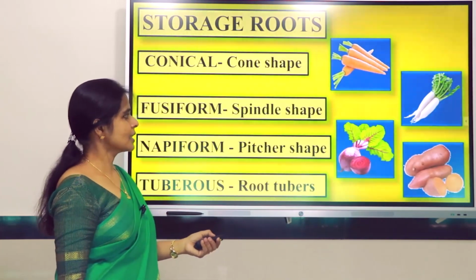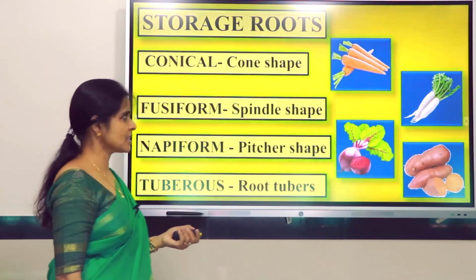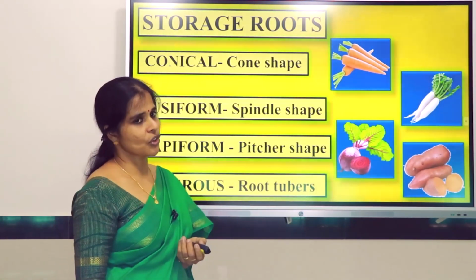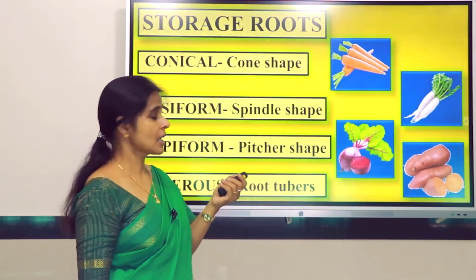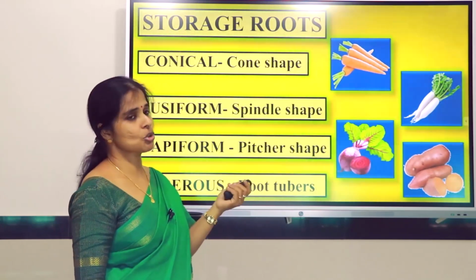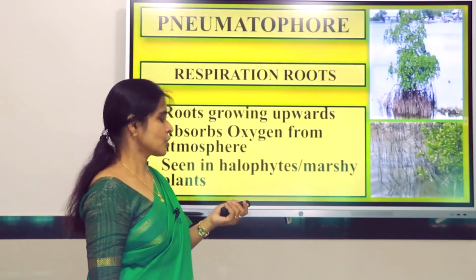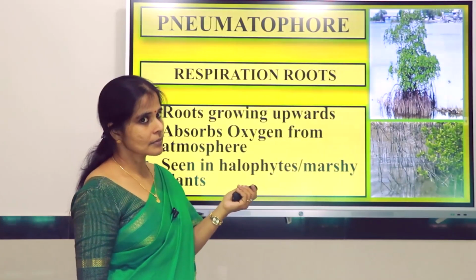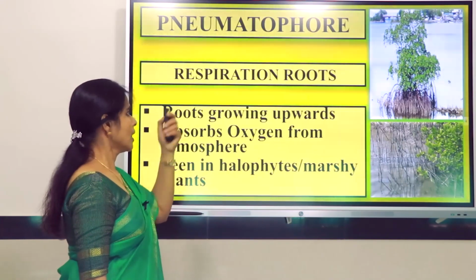Storage roots come in conical, fusiform, napiform and tuberous shapes. Examples are carrot for the conical shape, radish for the fusiform or spindle shape, beetroot for the napiform, and sweet potato for the tuberous root.